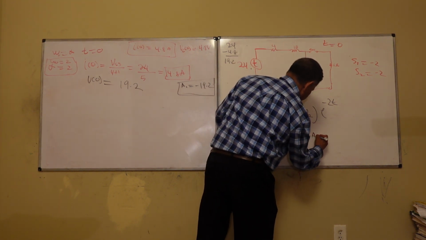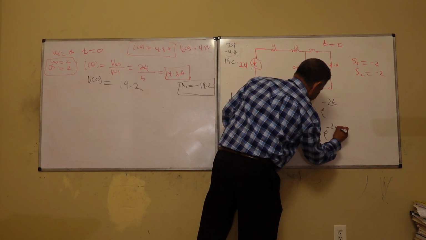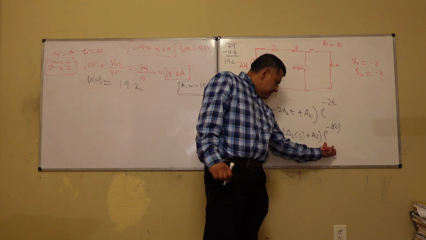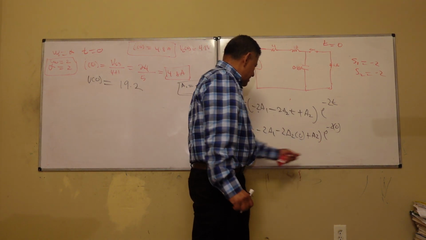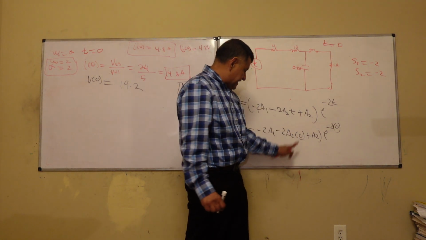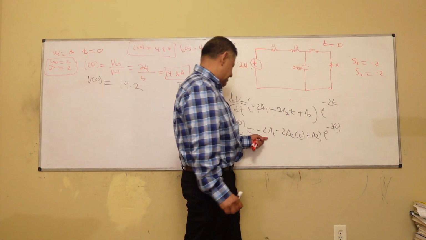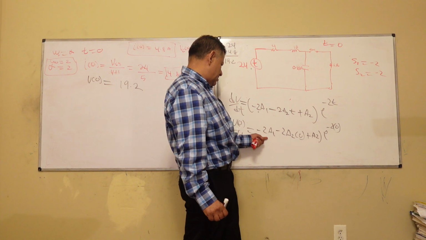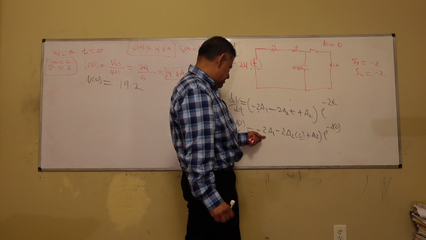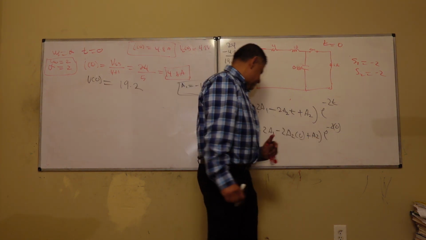Well, this is equal to 1. 1 times this is going to be 2a. Times this is going to be 0 because there's nothing there. And times this is going to be nothing but negative 2a because that is 1, right?